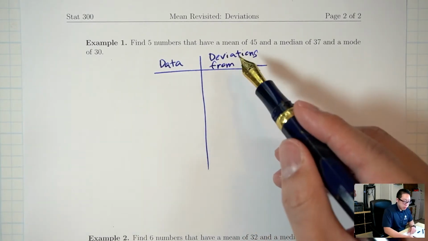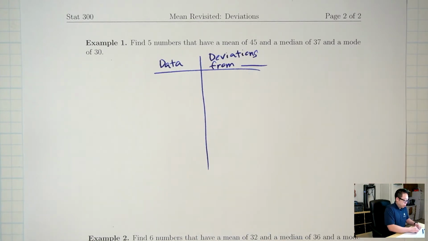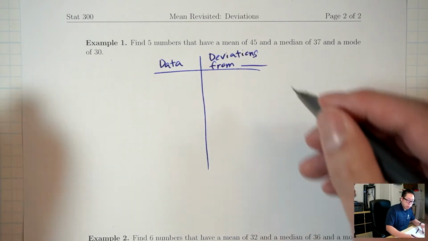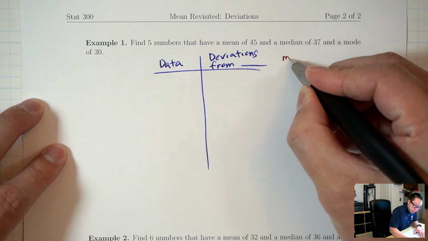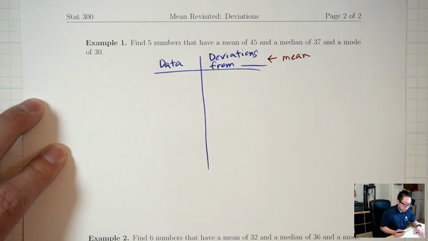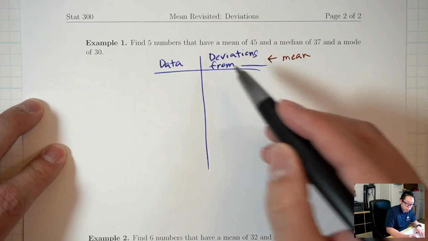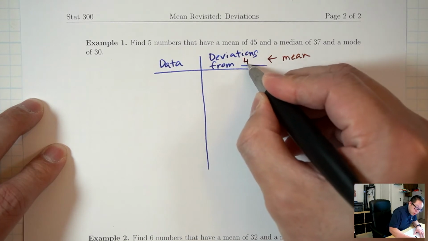Now, I want deviations from what number? We're always looking for deviations from the mean. And what's the mean that I want here? I want 5 numbers that have a mean of 45. So I'm looking for deviations from 45.